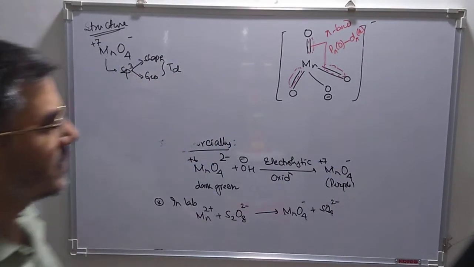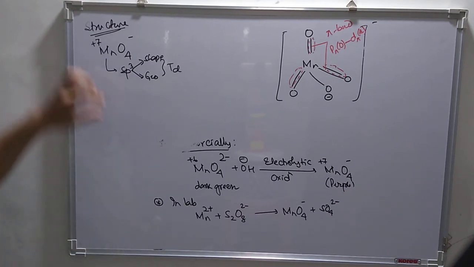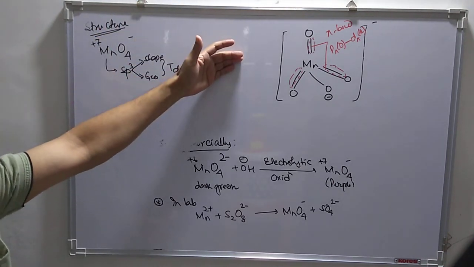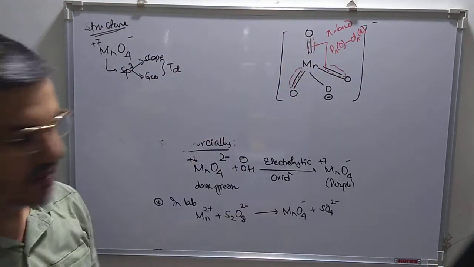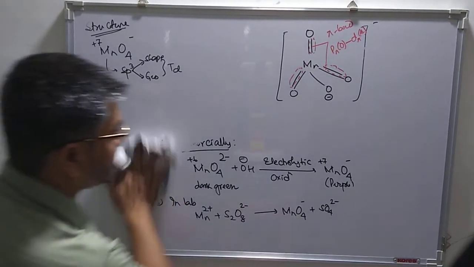So dichromate, chromate, permanganate ion, or manganate ion, all these are stabilized by d pi p pi back donation.